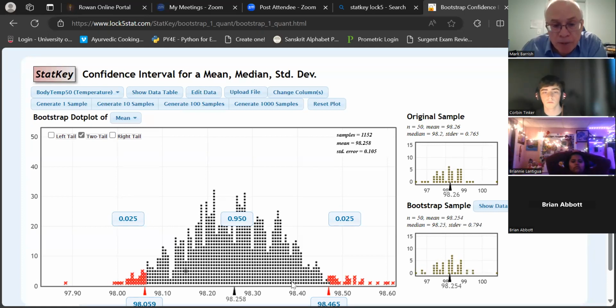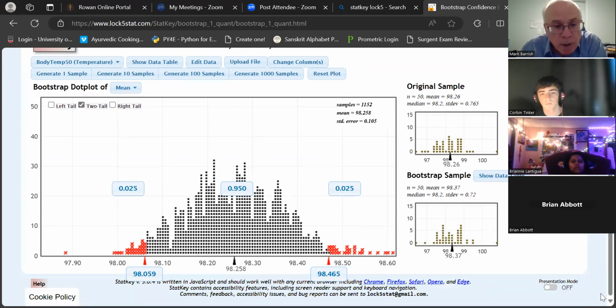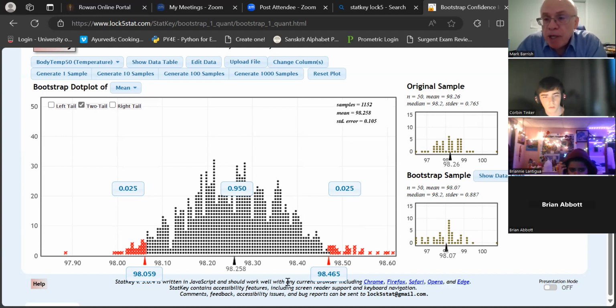Okay? And then down here, you scroll down a bit so you can see it better. Notice that the black dots begin at 98.059 and they end at 98.465. So through this simulation, we can estimate a 95% confidence interval, by simply clicking 2-tails here, and we have it.